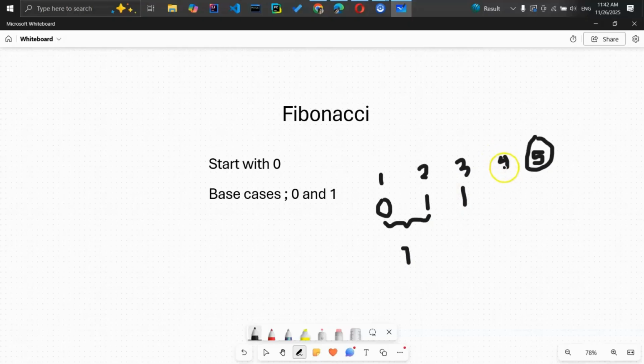What is the fourth value? The fourth value should be the sum of these two numbers, 1 and 1, 2, right? What about the fifth? You should get the sum of 1 and 2, 3, right?